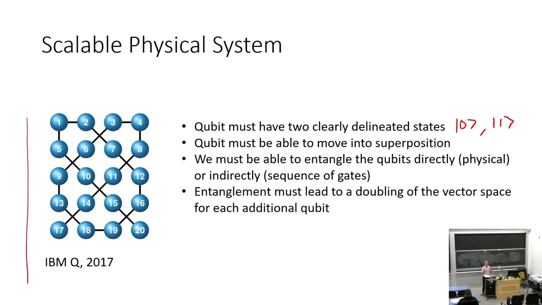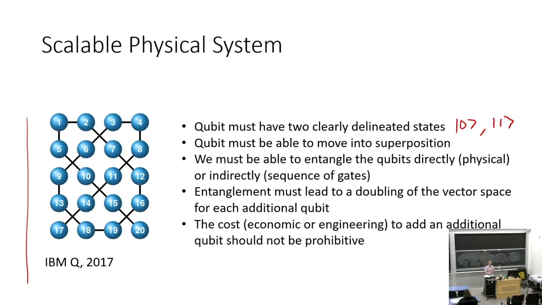And then the last thing we need to think about is that through entanglement, we have to be able to see the expected doubling of our vector space for every additional qubit that we add to the system. And we want to realize that doubling of our vector space without doubling the cost.